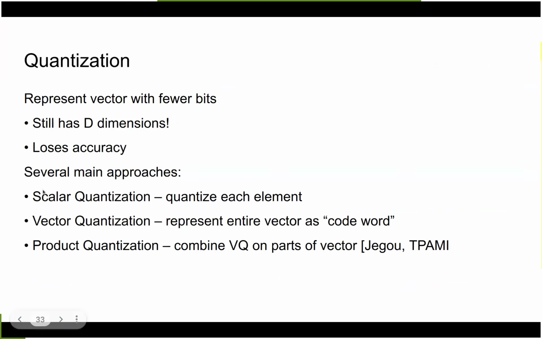Perfect. So we talked about different indexes, but there was also a mention of compression in my talk. So one approach for compression, because again, let me give you the motivation.